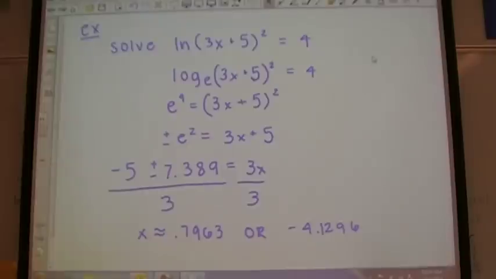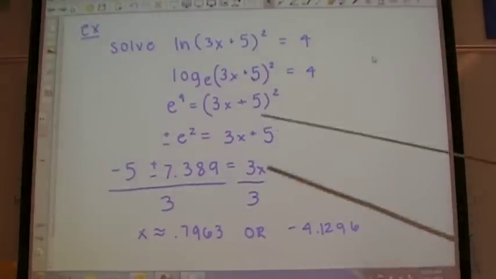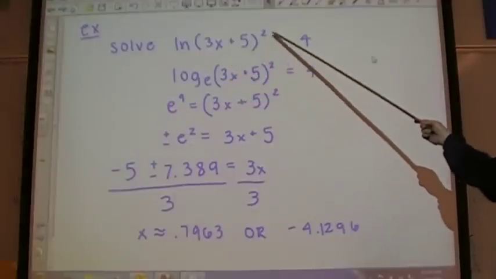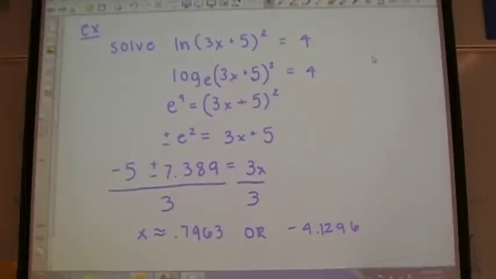Okay, solving a natural log equation. What I would do here is, we've got natural log of (3x plus 5) squared equals 4. I would change the natural log to a regular log, which means I just replace the ln with log base e, using my definition.